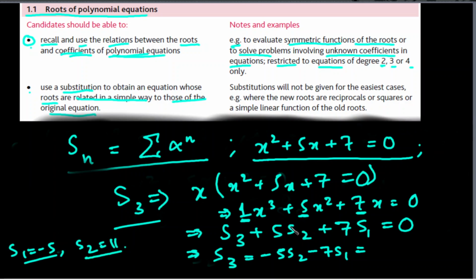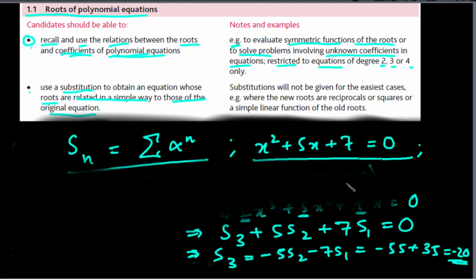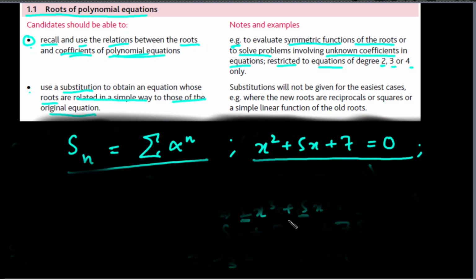So we could plug that in on our calculators, and we'll get negative 55 plus 35, which is equal to negative 20. So that would be our answer there. S3 equals negative 20. We've just found something that we would ideally find difficult, and we've used recurrence relations to our advantage.